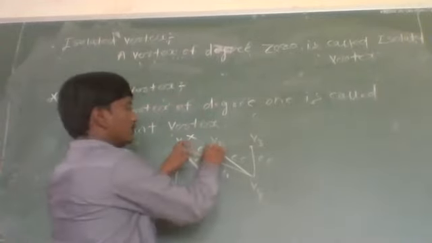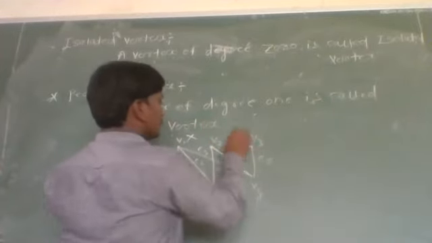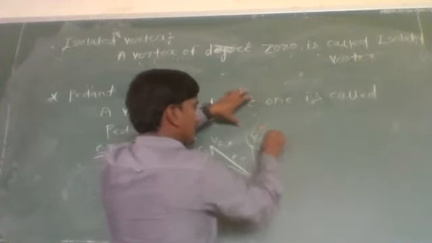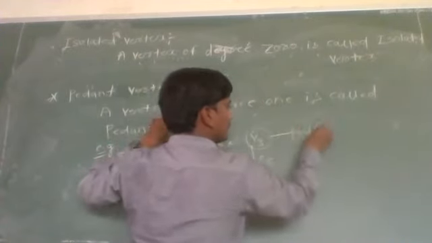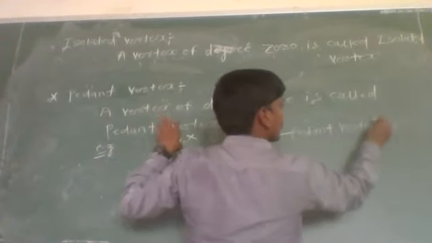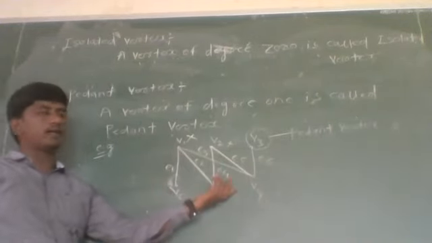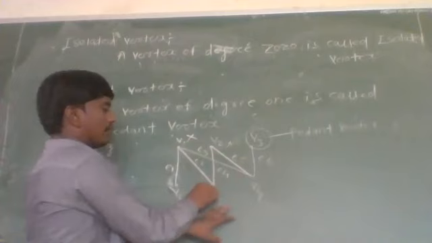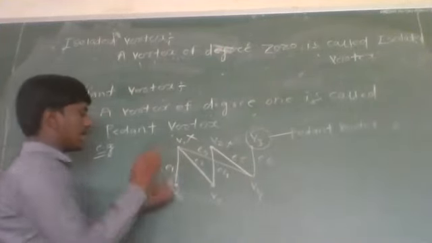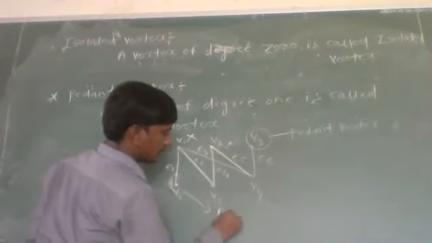Degree of vertex V2 is 2, therefore vertex V2 is not a pendant vertex. But degree of vertex V3 is 1, therefore vertex V3 is a pendant vertex. Similarly, V4 and V5 are not pendant vertices since their degree is greater than or equal to 2. But vertex V6 has degree 1, so vertex V6 is again a pendant vertex.